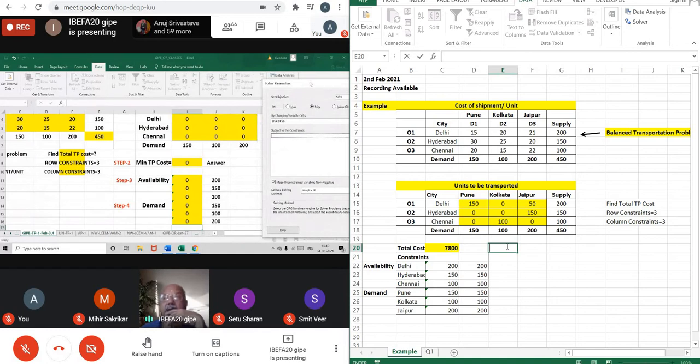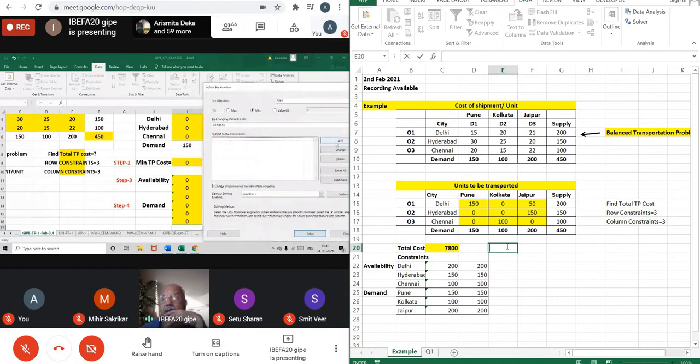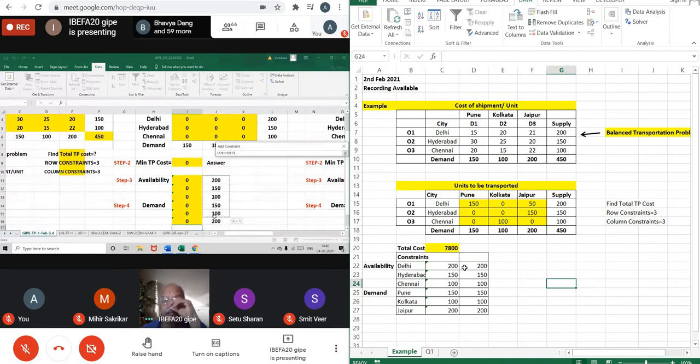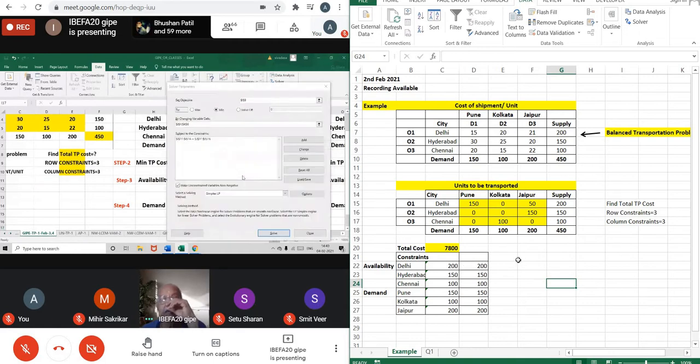And the constraint will be availability and the demand. All are equal, so I can drag all the cells at a time. Equal to. Solve it.